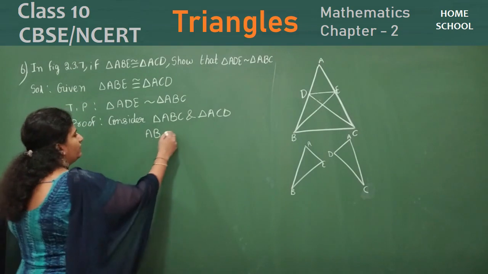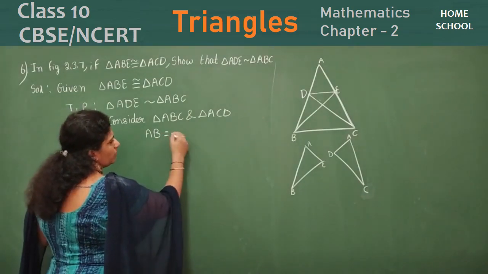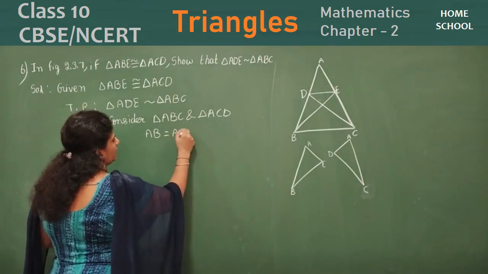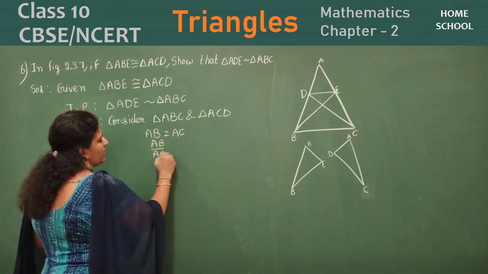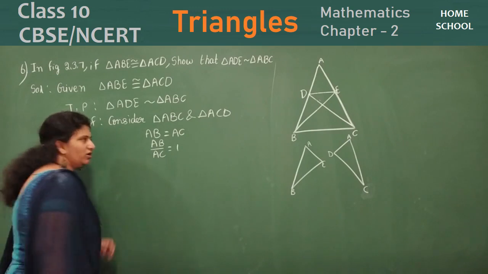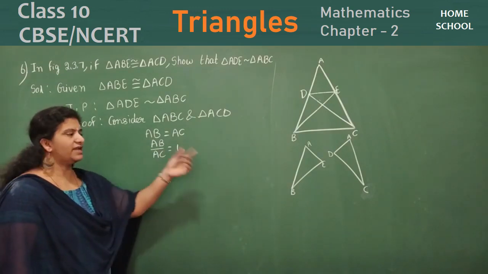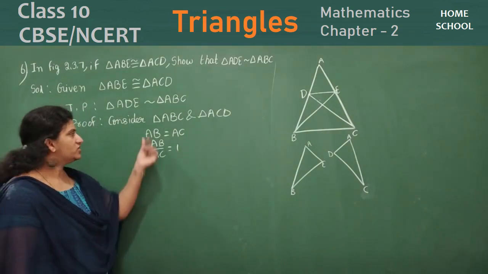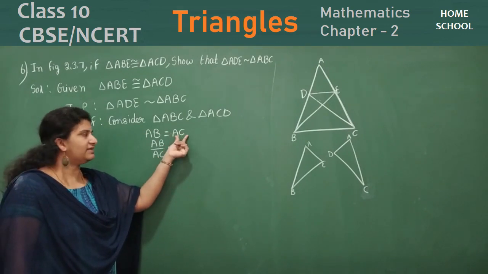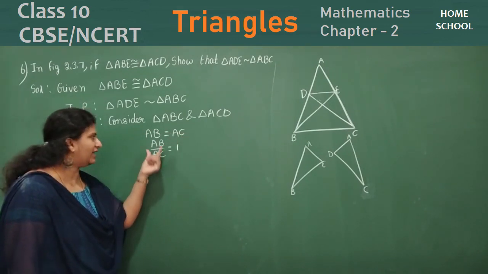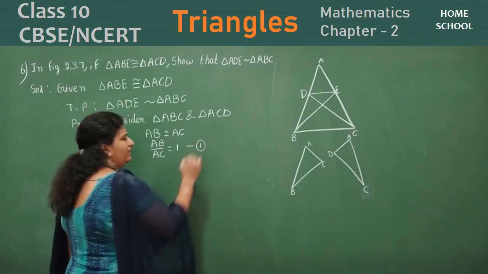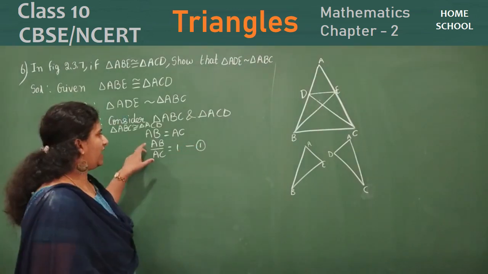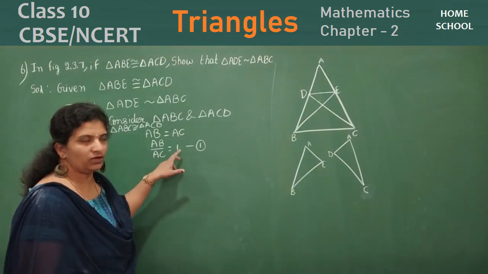So AB is equal to AC, or I may write this as AB by AC is equal to 1. The corresponding sides are equal, right? So I have written equal and then sent this AC to the denominator. That makes AB by AC equal to 1. Mark it, first equation.